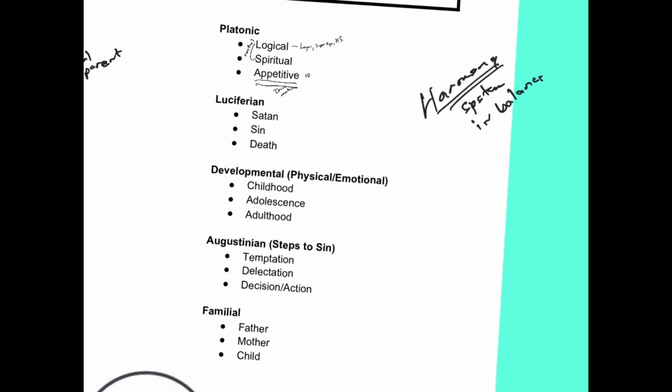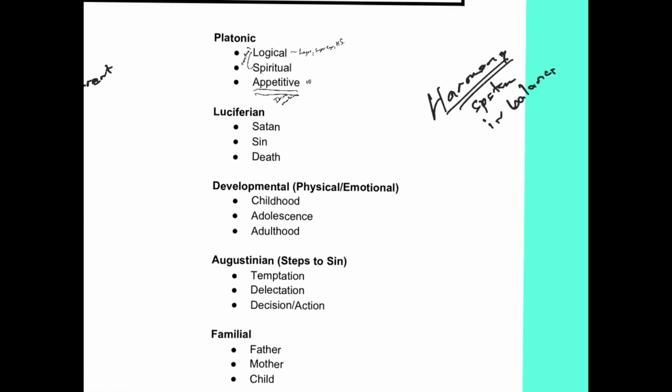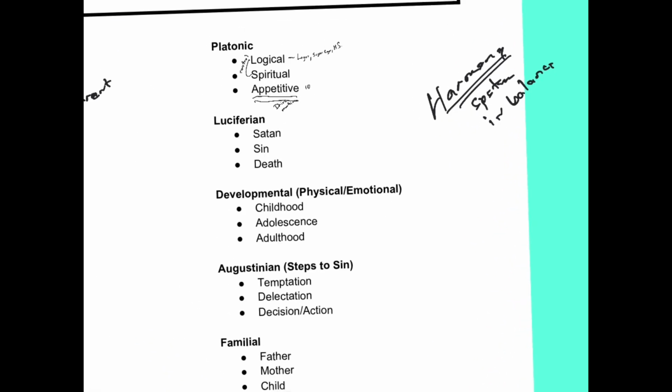All right. And then looking at some of these other models, we certainly have the Luciferian, I'll call it. And so when we go to Paradise Lost, we explore this a little more. But it's the notion that we have three figures that are affecting mankind. That first figure is going to be Satan, but Satan has two offspring. His children are sin and death.